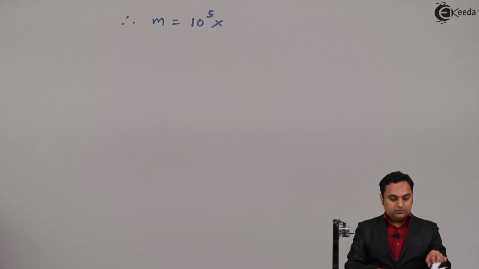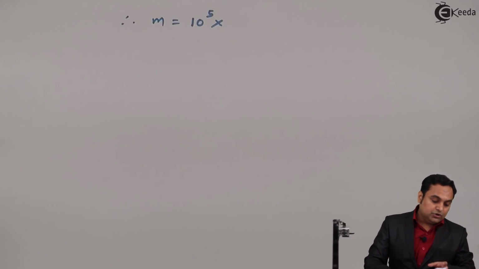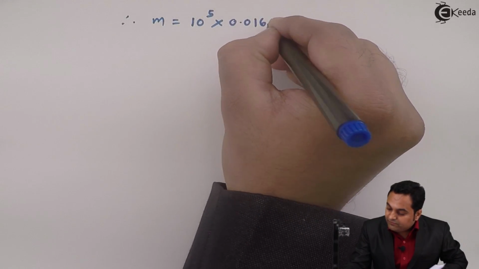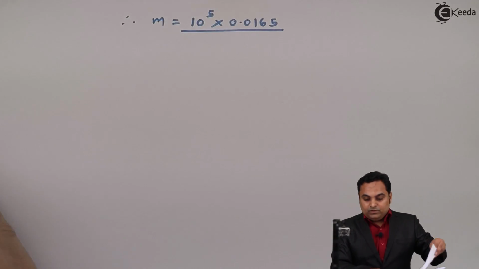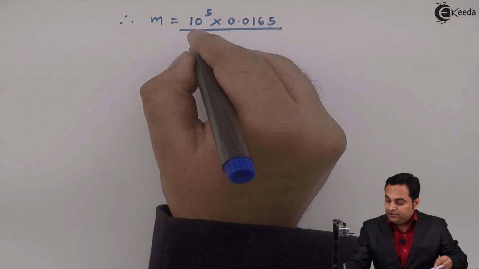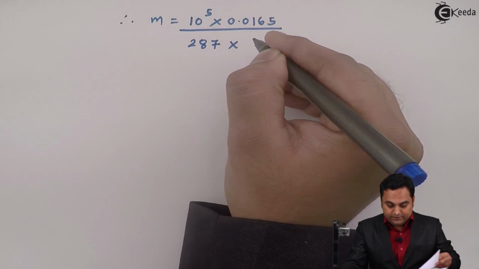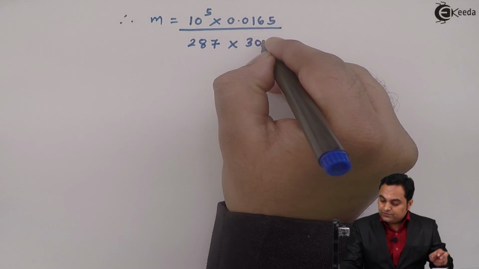Then V1 was the cylinder volume, the value was 0.0165, divided by R, which is the characteristic gas constant, and for air we can take the value as 287 joule per kg Kelvin, into T1, the temperature given as 303 Kelvin.